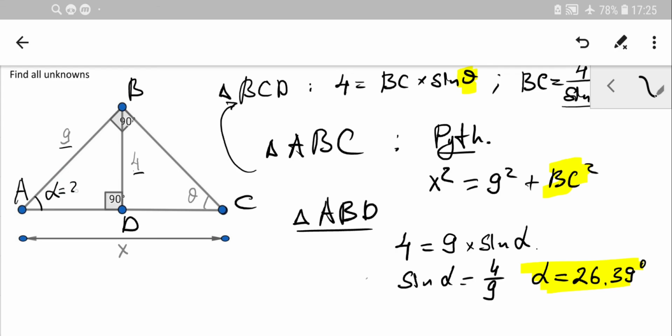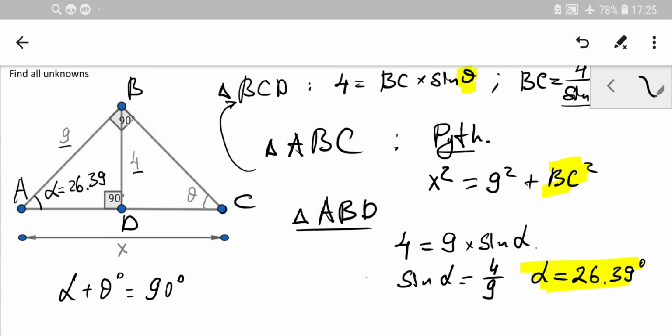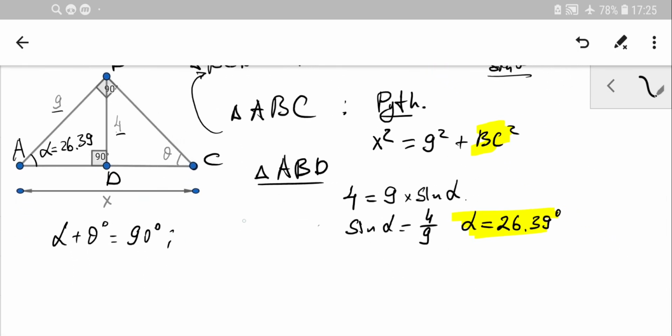So we know the angle alpha, 26.39. If we know the angle alpha for the big triangle, we can figure out theta. You know that alpha and theta together, because this is also a right angle, should add up to 90 degrees. From there we can find theta in degrees.